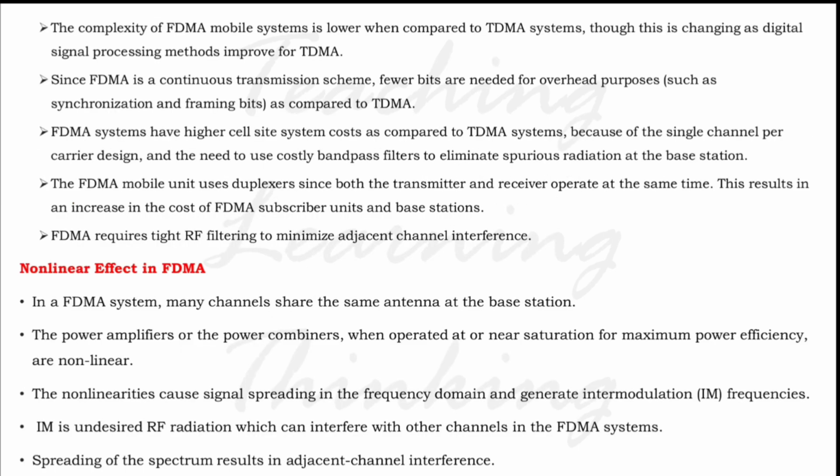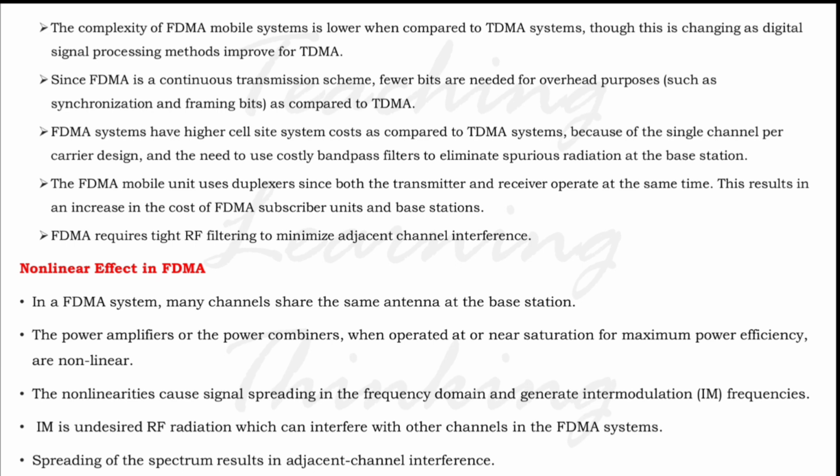So the overall thing is that many channels use the same antenna at the same time in the base station. The power amplifier or the power combiner works in nonlinearity, and the nonlinearity causes spreading of the signal in the frequency domain and generates frequencies called intermodulation frequencies.